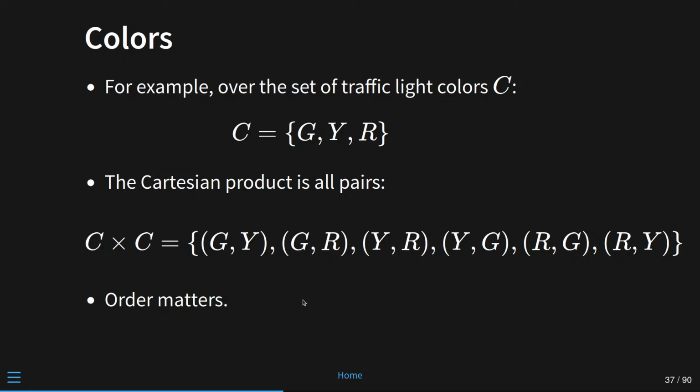Okay, so we're going to use, for a motivating example here, the set of traffic light colors: green, yellow, red. Why am I doing this? This is the same example I use when I teach set theory in the cybersecurity context. Why do we teach traffic lights in the cybersecurity context?